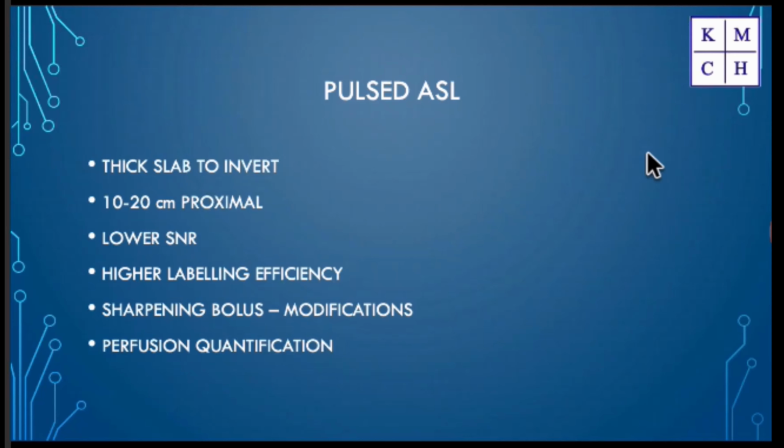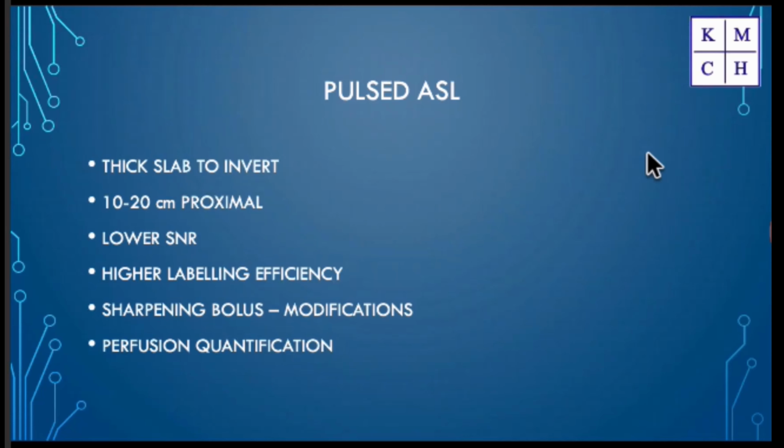Quantification becomes difficult. Because of this, we need to have a second saturation pulse, based on which we have certain terminologies called QIPSS, QIPSS2 or Q2TIPS, so that quantification is made possible, as well as sharpen the bolus of the labeled protons. However, pulse ASL has the advantage of having a very high labeling efficiency.